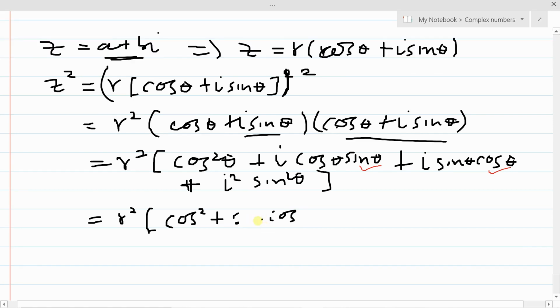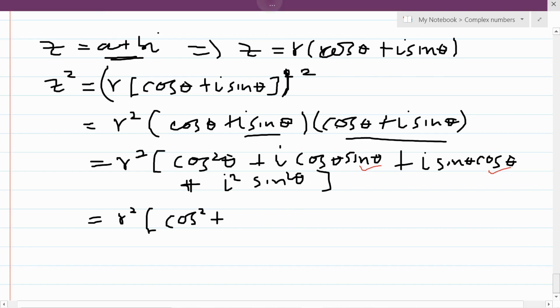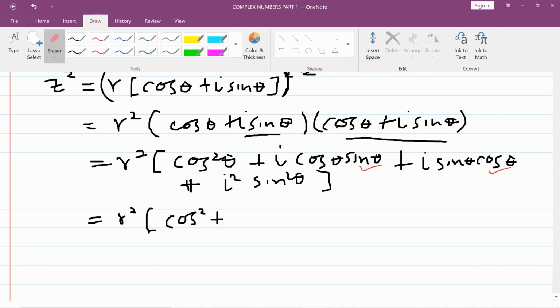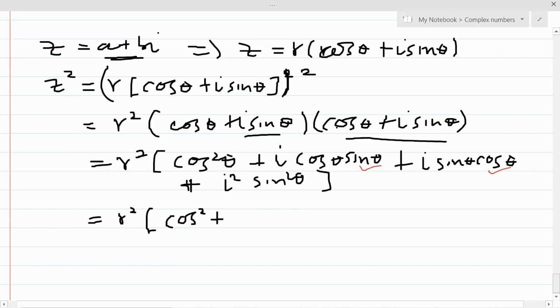So it becomes plus I 2 sine theta cos theta, then minus, since I squared gives us negative 1, we've done this in a previous video, sine squared theta.